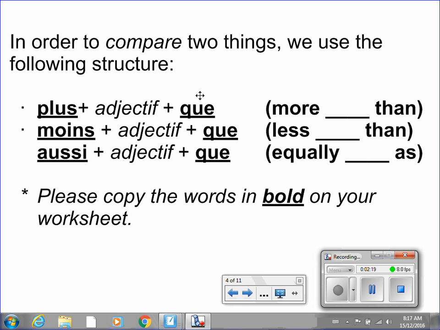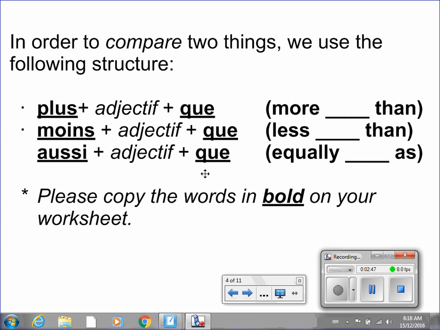If we want to say that something is less than, same structure, except instead of plus, we're going to use moins, because that means less. Or in some cases, when we're saying that one object is equal in amount as another object, we use the word aussi. And then we write the adjective and que.